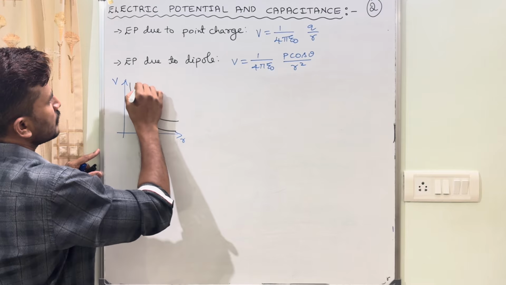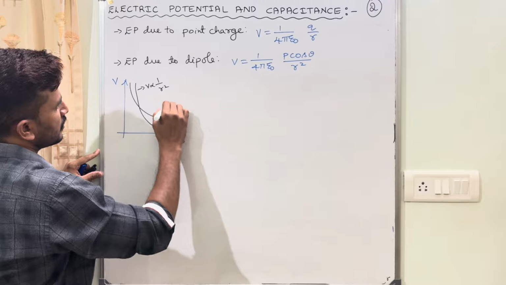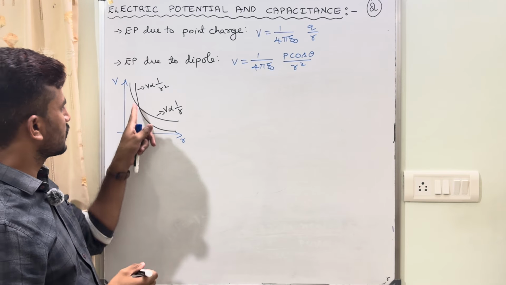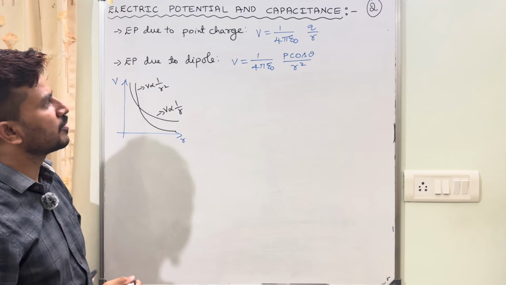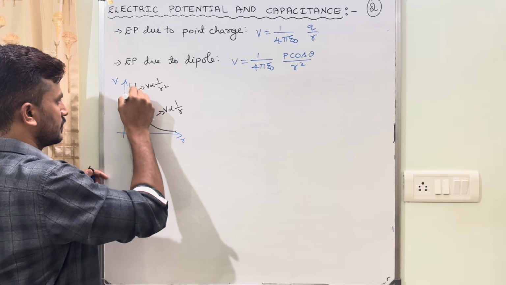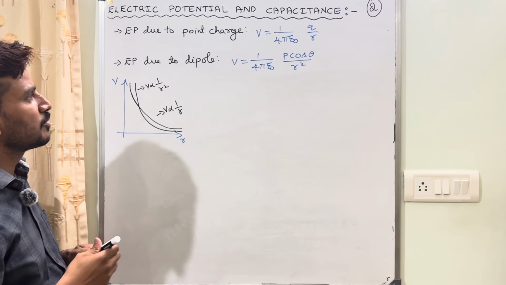So this is for inversely proportional to r square, this is for inversely proportional to r. Okay, this is about this.